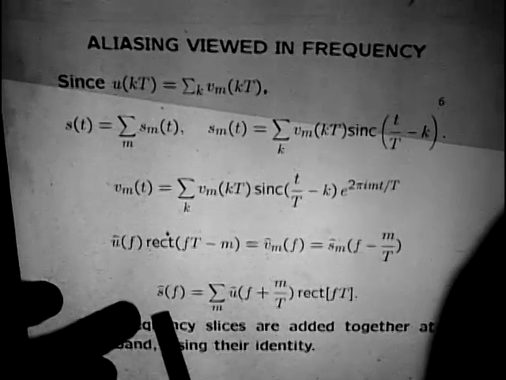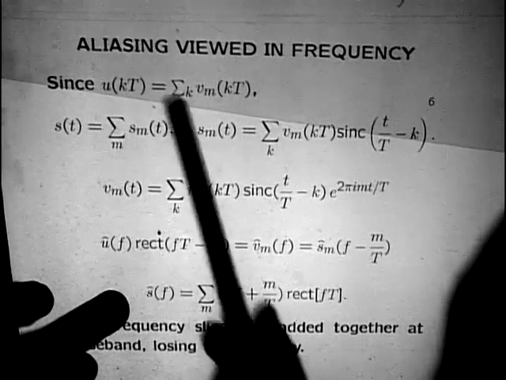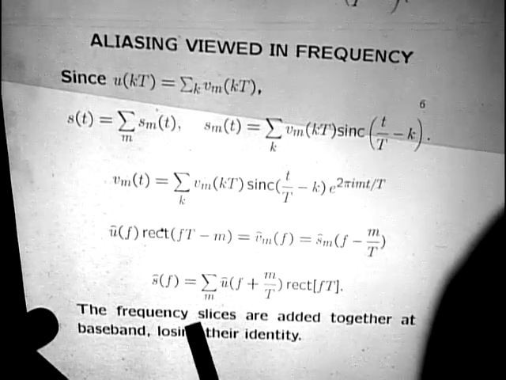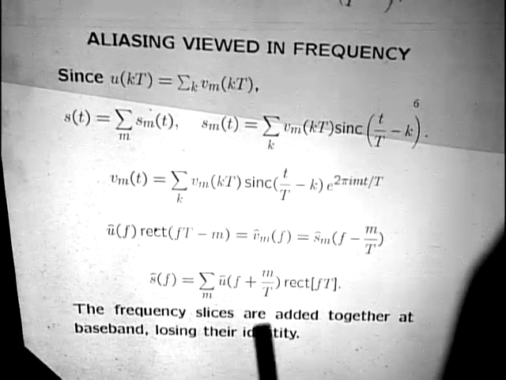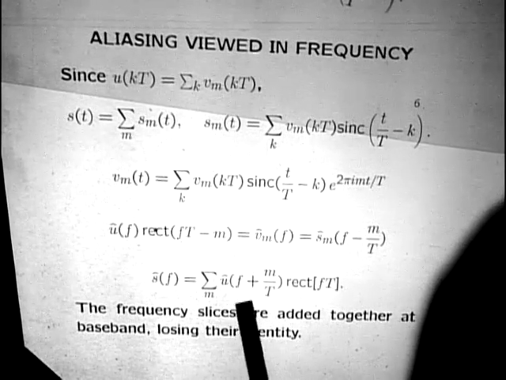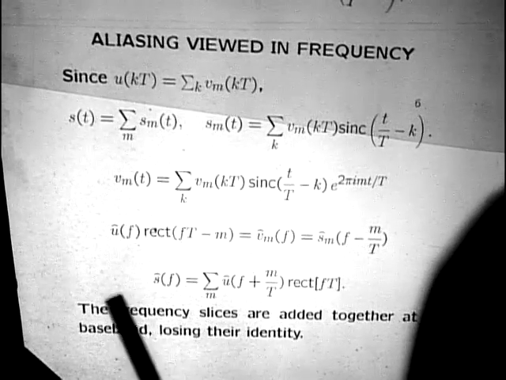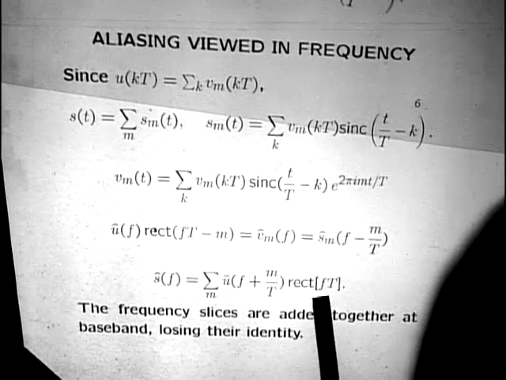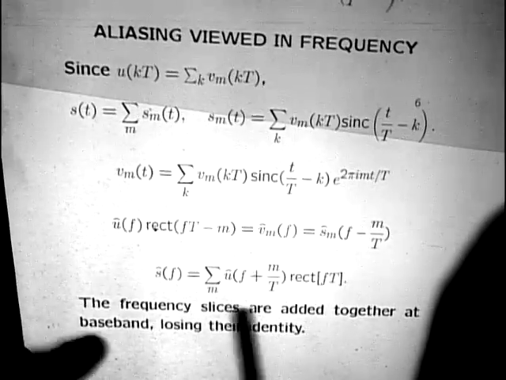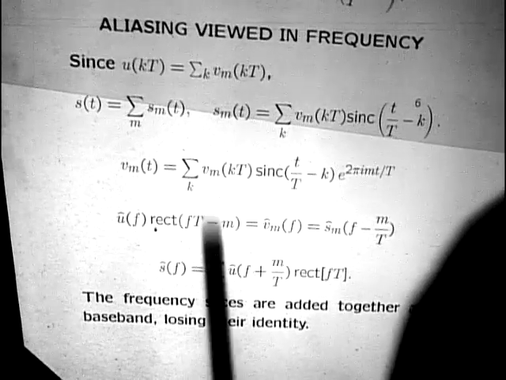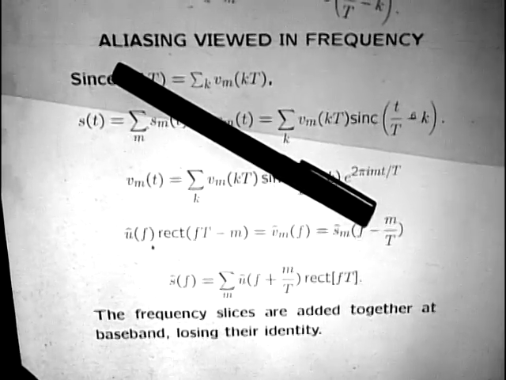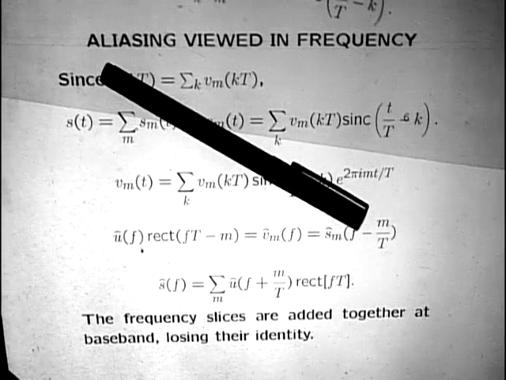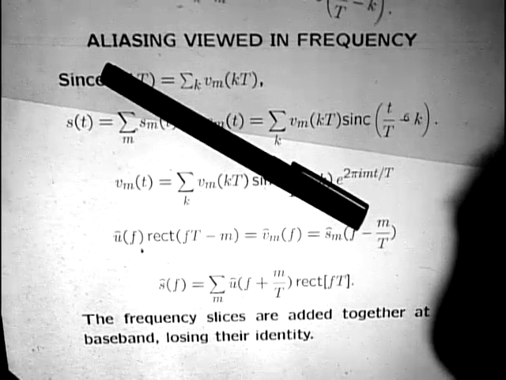So this says that s hat of f, which is the sum of all these terms, is just the sum over m, sum over all the frequency terms, of u hat of f plus m over T times a rectangular function of fT. And all this is saying is that s of f in frequency is all down at baseband now.